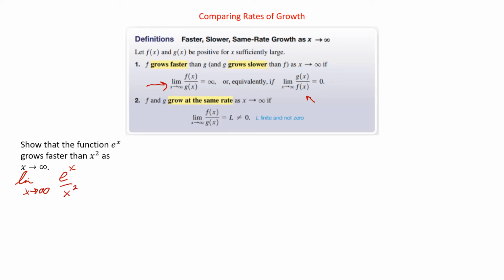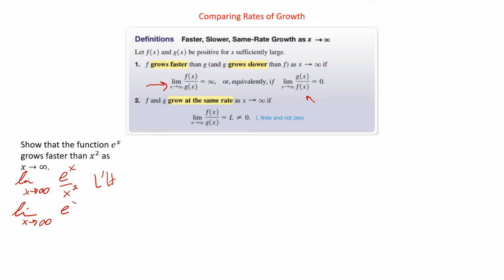Now when we plug in infinity, we're going to get infinity over infinity, which we can't really do anything with, and we're not going to factor this and cancel, so we're going to go to L'Hopital's rule. So we're going to take the derivative of the top and the bottom separately and find the limit as x goes to infinity of that.